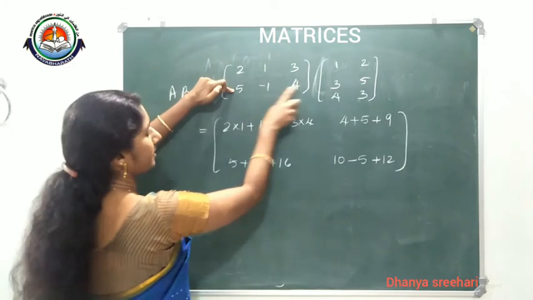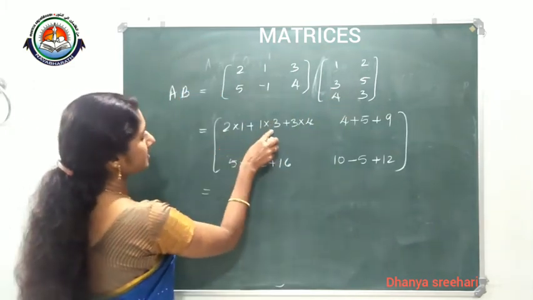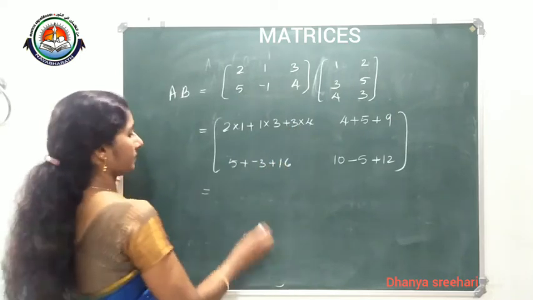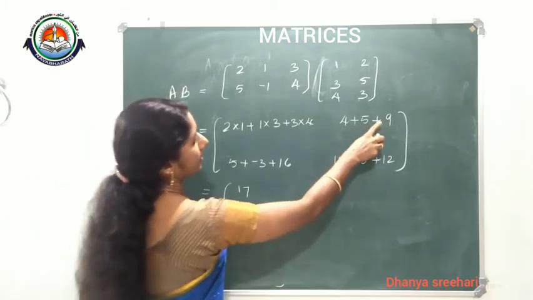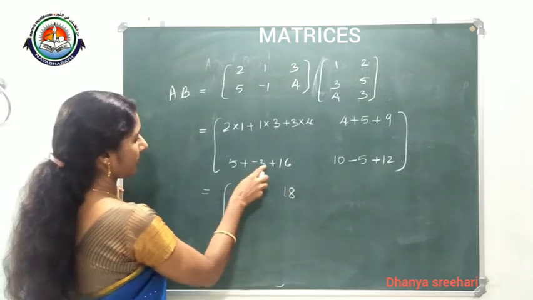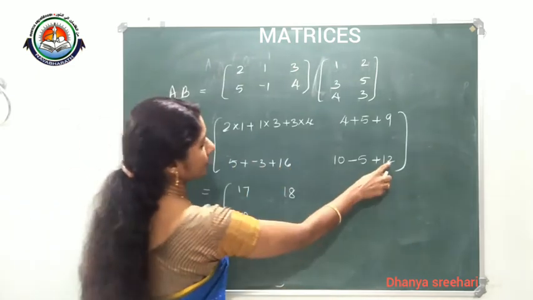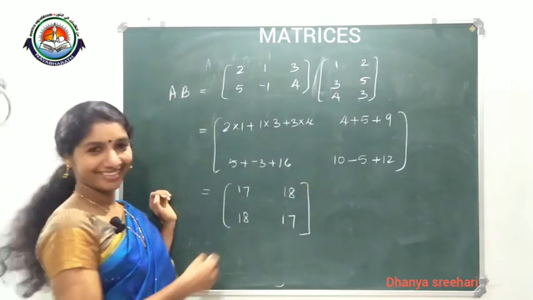So 2 plus 3 plus 12 is 17. 9 plus 9 is 18. 16 minus 3 is 13, plus 5 is 18. Then 10 minus 5 plus 12 is 17. See, 17, 18, 18, 17.